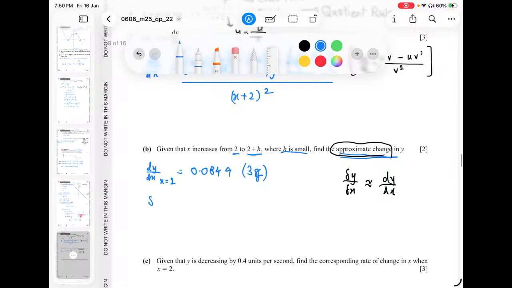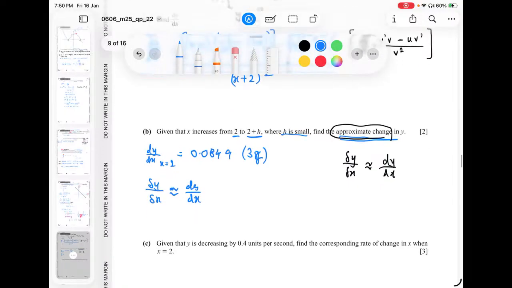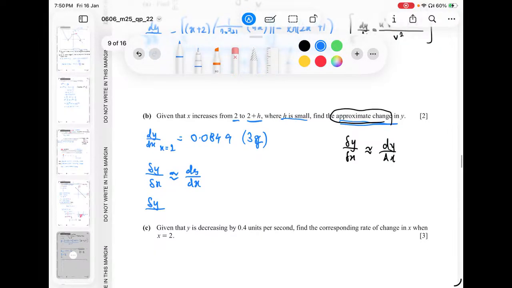So now you just apply the formula. The small change in y over small change in x is approximately dy over dx. So you need to find the small change in y. You know that the small change in x is basically h, because they have just increased the 2 by h.